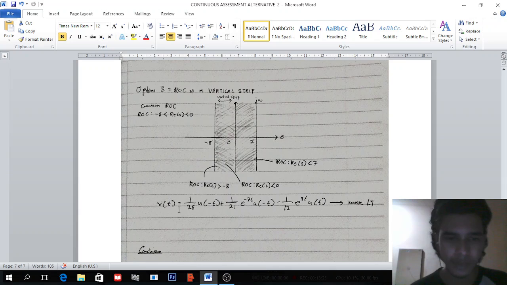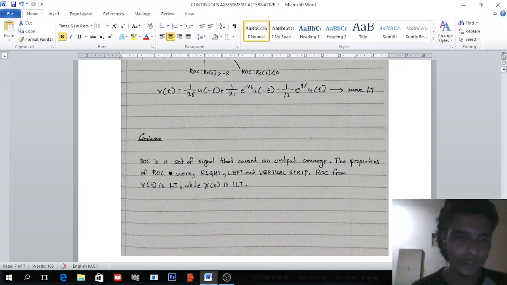So for the left sided, it would be x(t) equals 1 over 28 u(negative t) plus 1 over 21 e to the 7t u(negative t). As for here, this is right sided, so negative 1 over 12 e to the negative 8t u(t). So this is the ROC graph here.